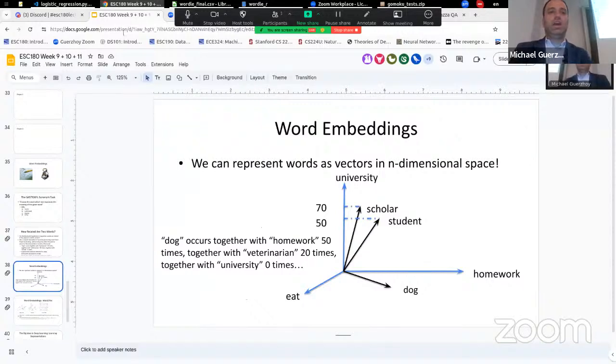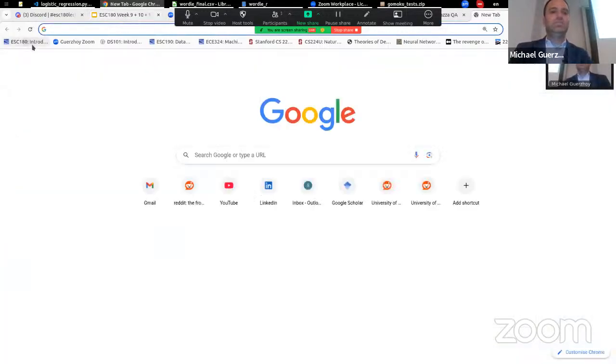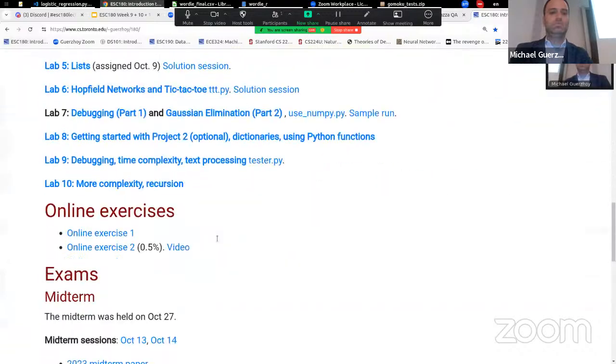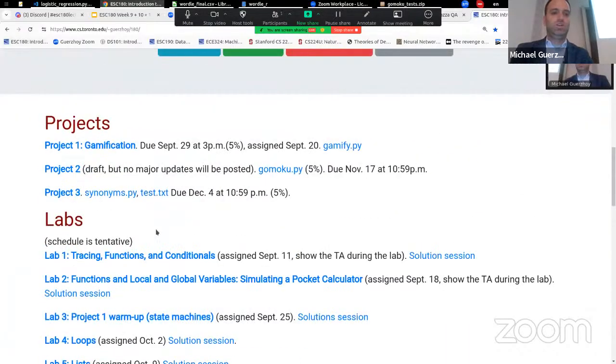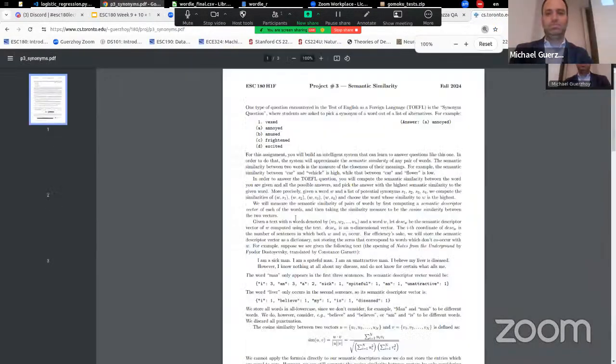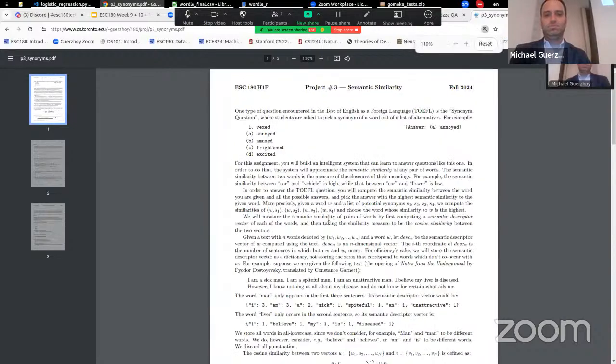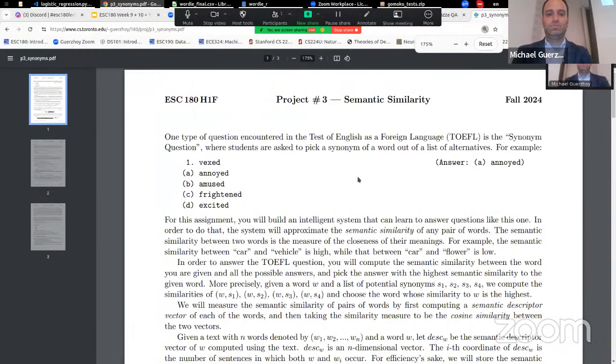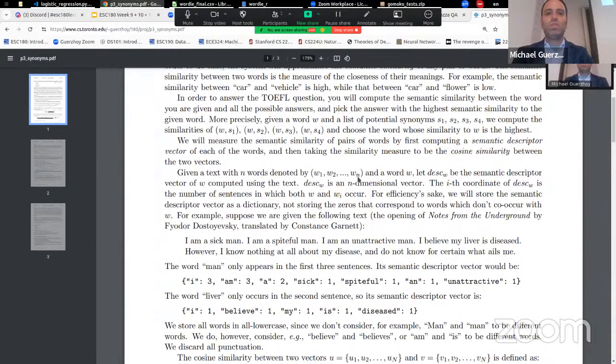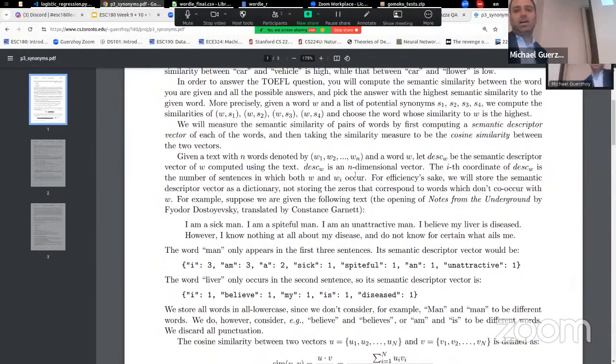So let's look at the technical details here. So I'm going to project 3. So this is the handout that's on the course website, right? So here is how we're going.